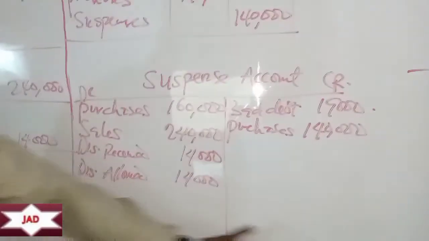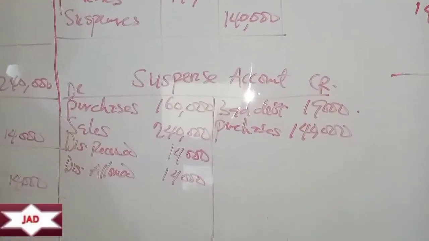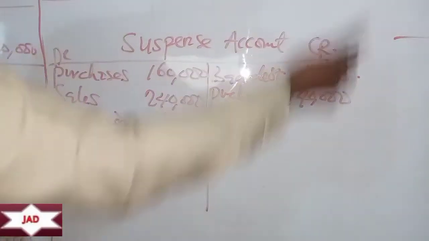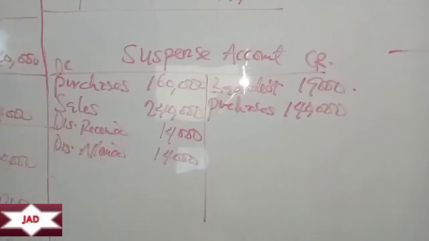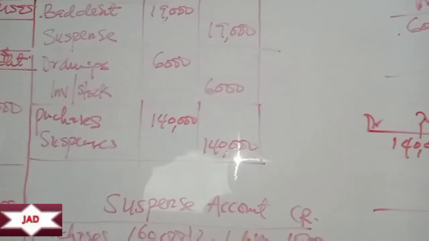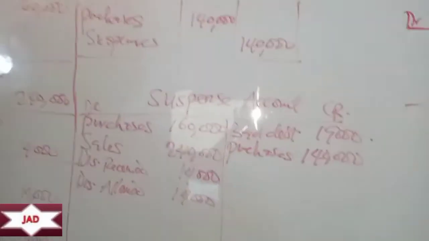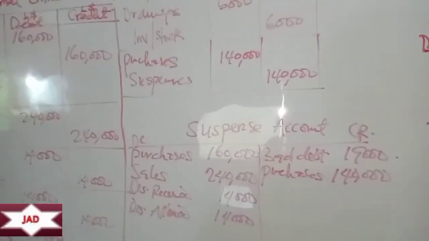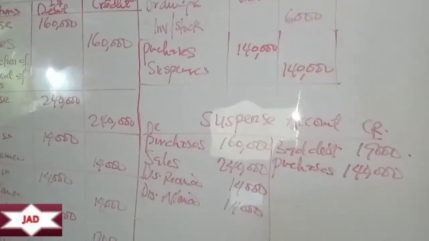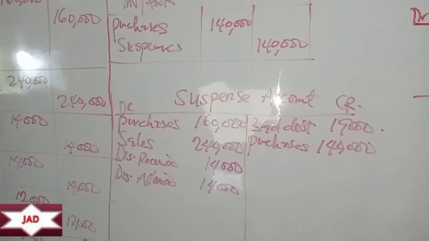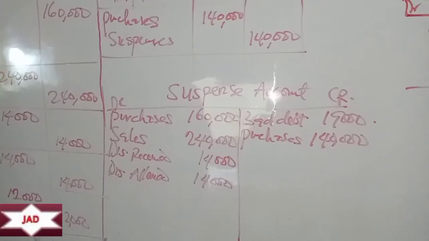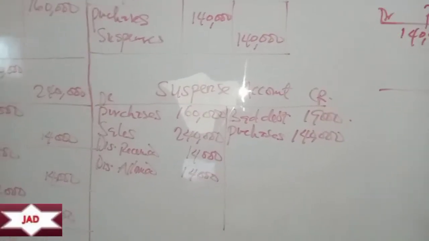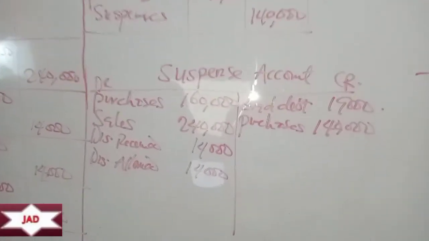Ordinarily, if we were given the trial balance difference, it should have agreed without balancing. But here they didn't give us the trial balance difference. So the difference here will stand as the trial balance difference between the debit side and the credit side. Let's quickly add up. We have 160,000 plus 240,000 plus 14,000 plus 14,000.